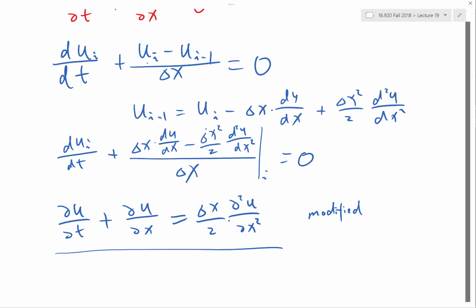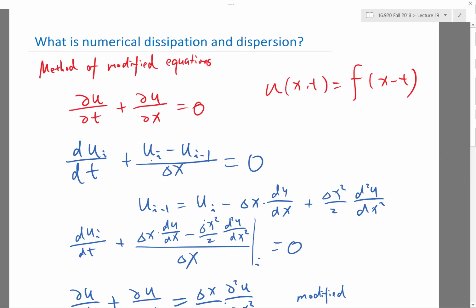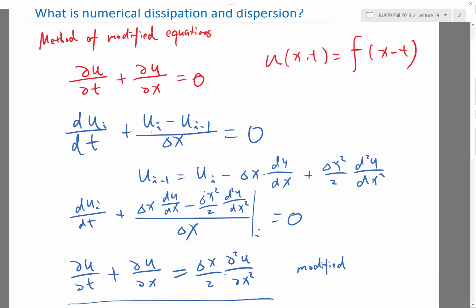Instead of a square wave, we get a much smoothed out wave. Right, we get something more like a Gaussian. So this is basically the idea of the method of modified equations, to analyze the behavior of numerical schemes to figure out what kind of error do we introduce and how does it manifest in the numerical solution of the differential equations. So we'll come again next lecture.